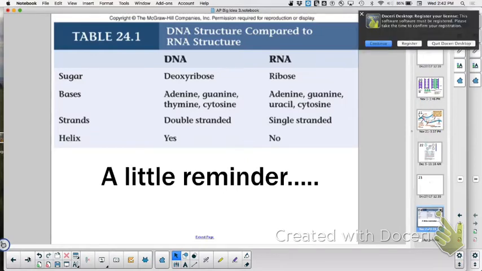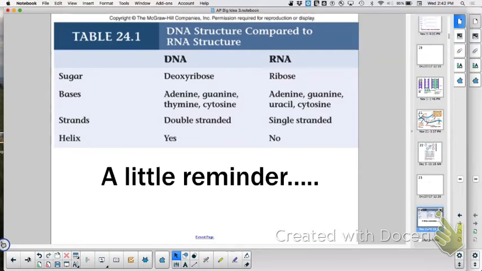Uracil is found in RNA, and thymine is found in DNA. And don't say exactly the same, remember complementary is the word you want to use. Adenine is complementary to thymine, or adenine is complementary to uracil. So that's who it can form a hydrogen bond with.